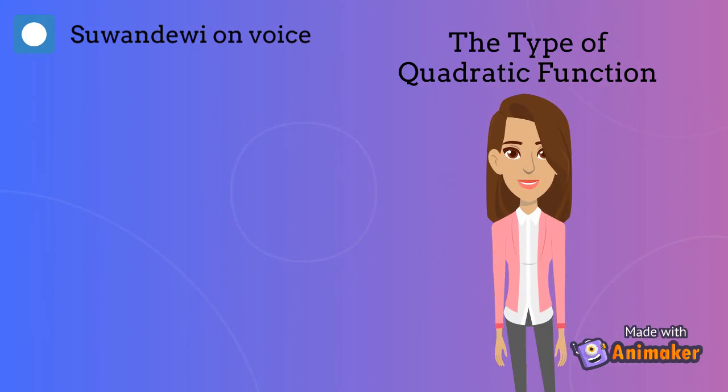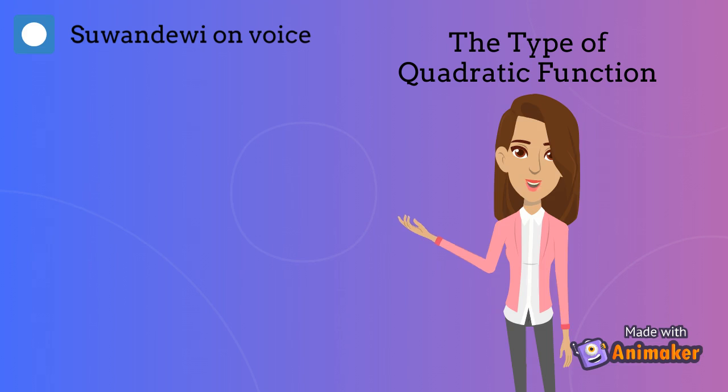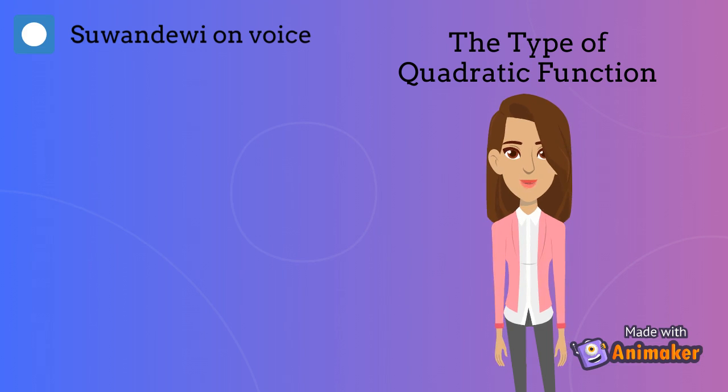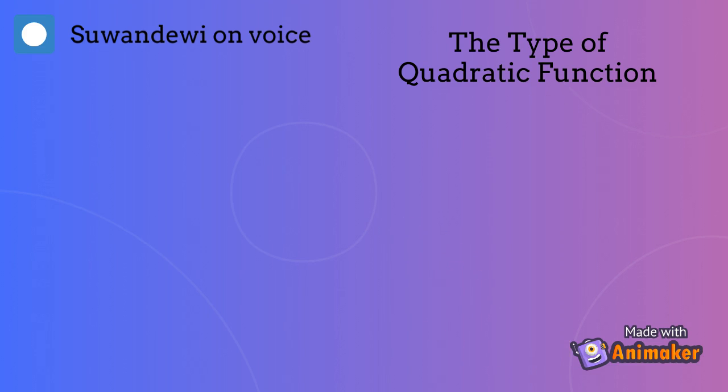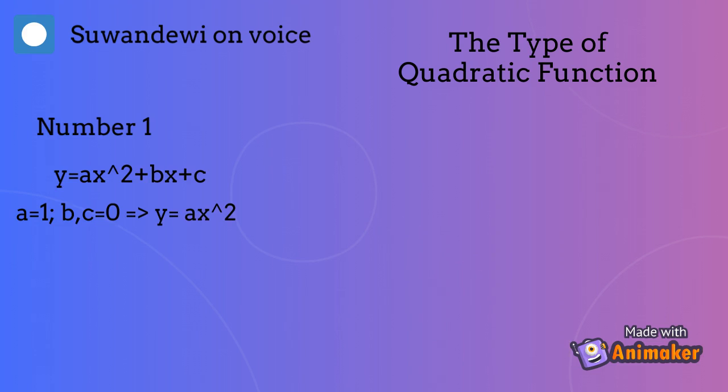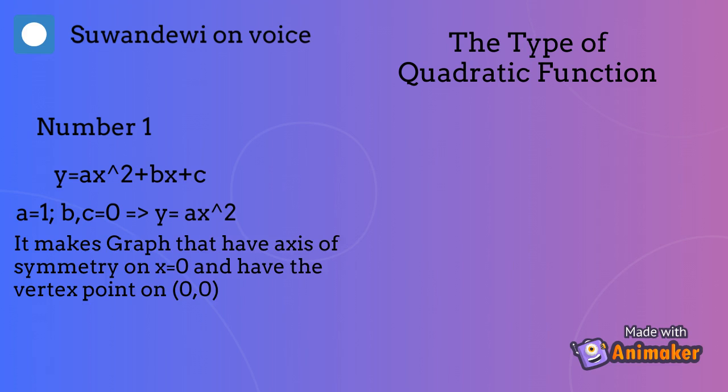And then we will learn the types of quadratic function. There are some types of quadratic functions. Number 1, y equals ax squared plus bx plus c, and then if a equals 1 and both b and c equal 0, the quadratic function formula changes to y equals ax squared.